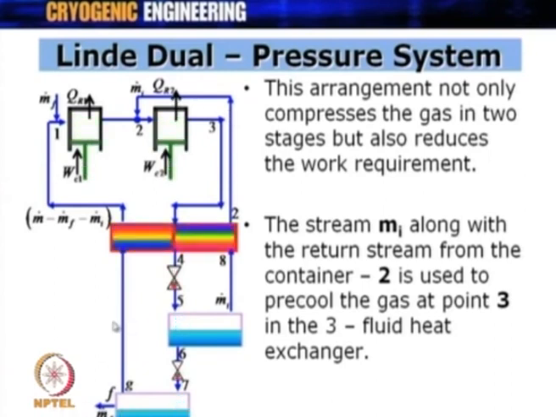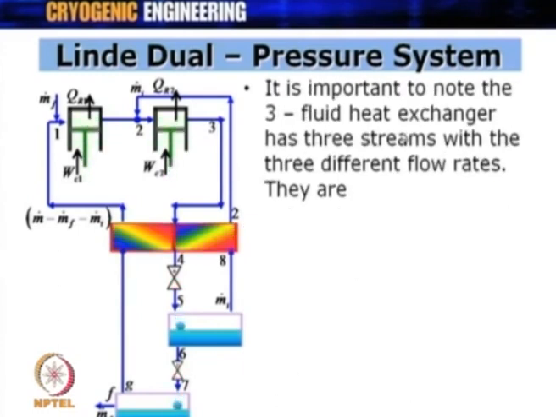The return stream will have m dot minus m dot f minus m dot i, and this is going to get compressed in the first heat exchanger when m dot f is added over here as makeup gas, and this is how the whole cycle works. So, the pre-cooling heat exchanger is basically a 3 fluid heat exchanger. It is getting pre-cooled by this return stream at intermediate pressure and this return stream at the lowest pressure P1. It is important to note that a 3 fluid heat exchanger has 3 streams with 3 different flow rates.